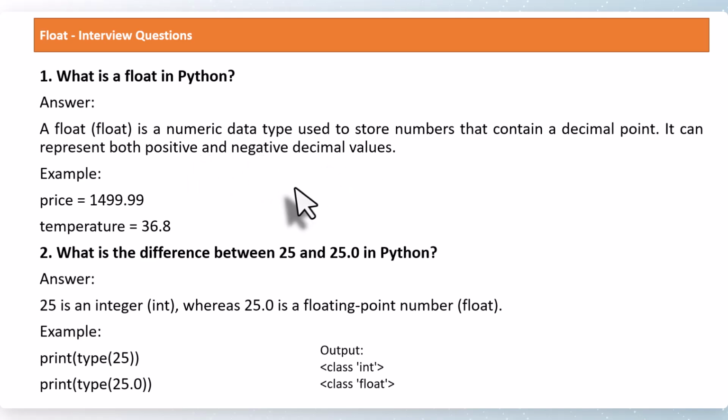For example, price equal to 1499.99, temperature equal to 36.8, floating point values. What is the difference between 25 and 25.0? 25 is an integer, whereas 25.0 is a floating point number. If you print the type of 25 and the type of 25.0, you will get int and float.